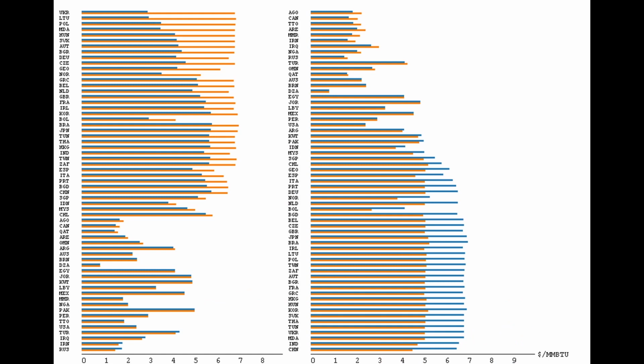Looking at the prices, we could take Germany, for example. So we have Germany here. The blue bar represents the price in 2019. After the invasion, according to the model, the price is increased. But in Russia, the price is actually decreased.